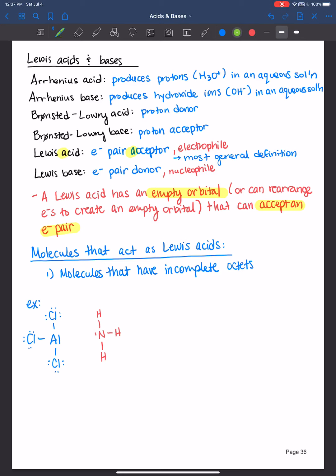I'm going to draw that in green. So use the tail of the arrow to point from the Lewis base to the Lewis acid, that's always the direction we go in, to create this species here.